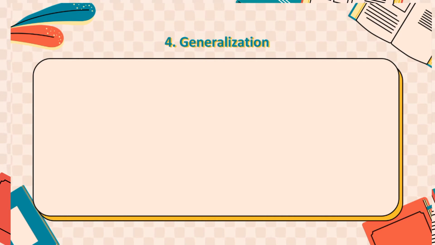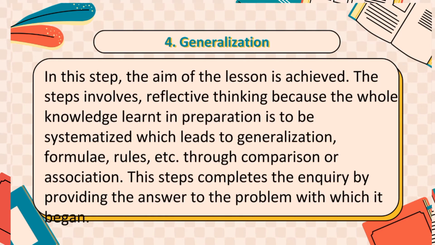So after the comparison or association, the fourth step now is the generalization. For the generalization, what we are trying to establish now is knowledge that is beyond the level of perception and concrete. What we are trying to achieve here is the so-called reflective thinking, which means that the students now are able to reflect on the concepts that they are able to learn.